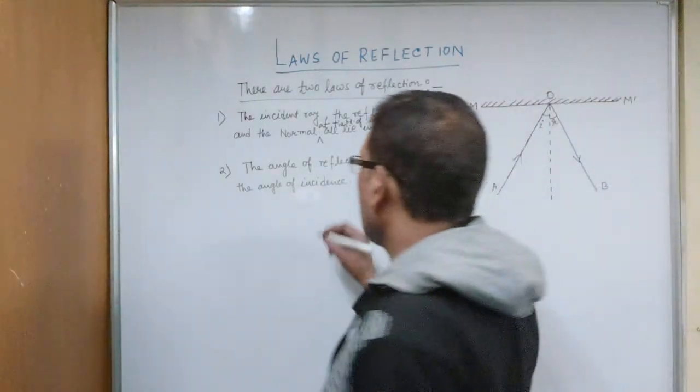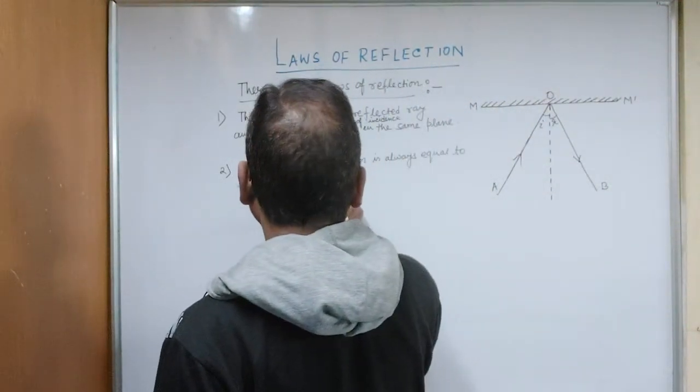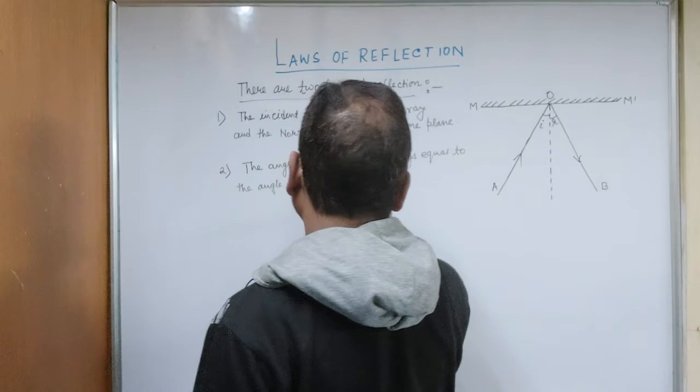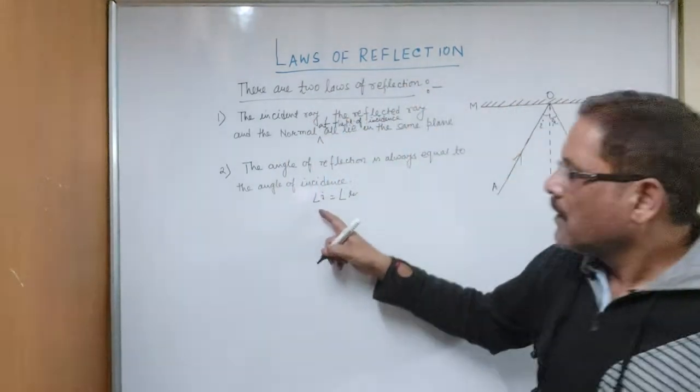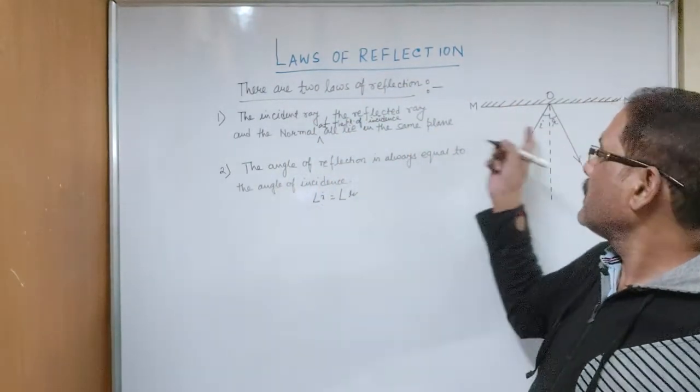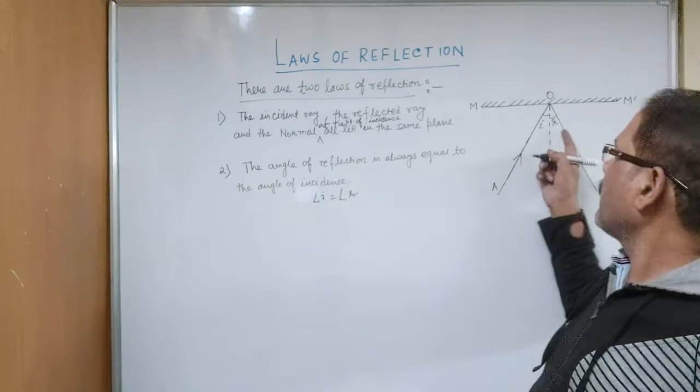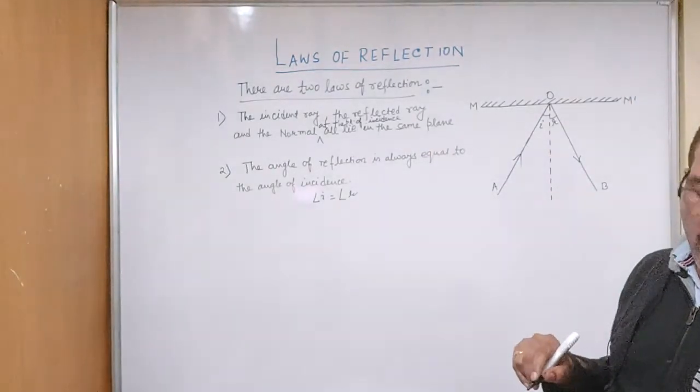So we can write angle I is equal to angle R. So angle of incidence is angle I and angle of reflection is angle R.